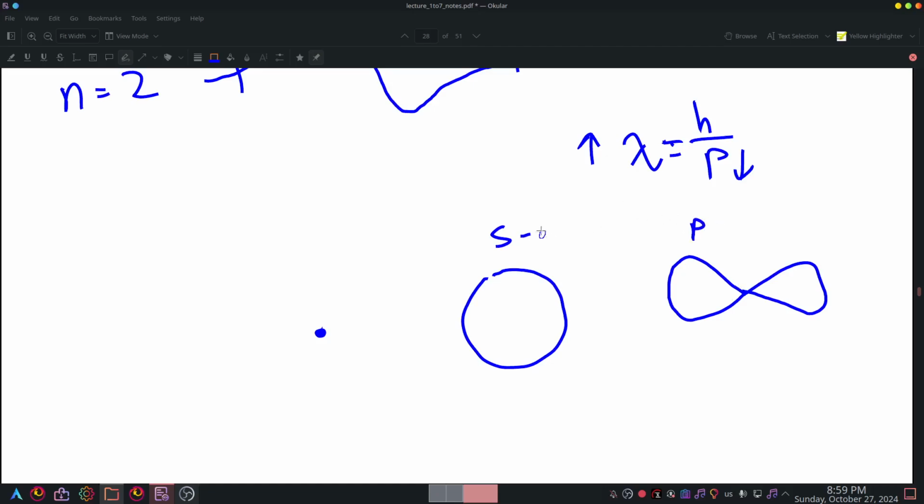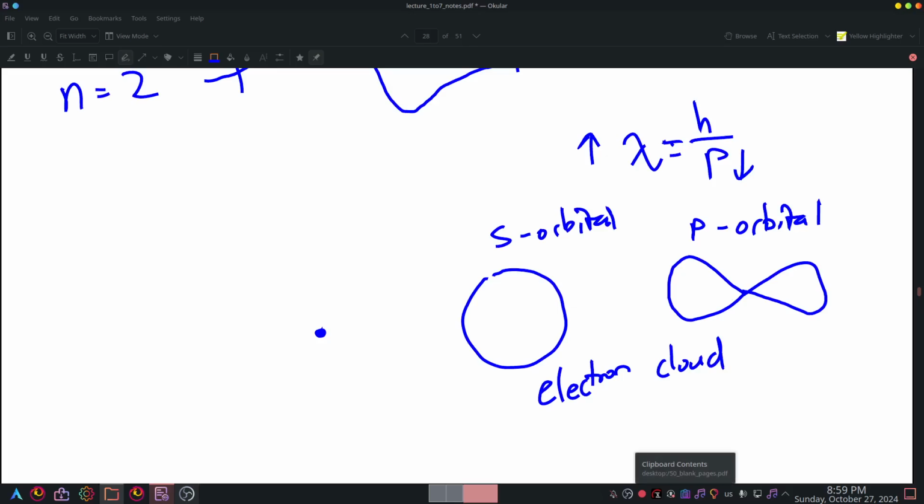This is a p orbital. These are electron cloud shapes. And why am I talking about electrons now? Because there's a parallel going on in the nucleus. A lot of these principles apply over to nuclear physics as well.